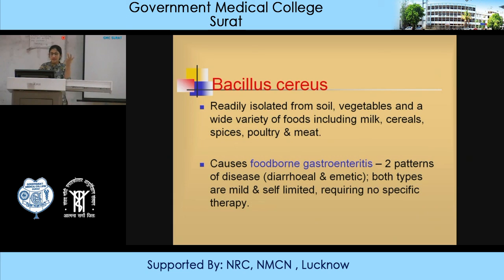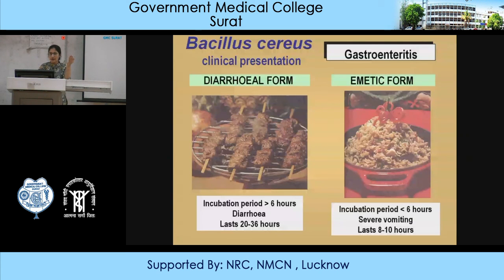Emetic type means they produce vomiting, and the diarrheal type produces diarrhea, but in both cases the disease is self-limiting. The diarrheal form is produced by some Chinese products. There is also a difference between the incubation periods of the two types. In the diarrheal type, the incubation period is more than 6 hours, but in the emetic type the incubation period is less than 6 hours, like Staphylococcus aureus food poisoning.